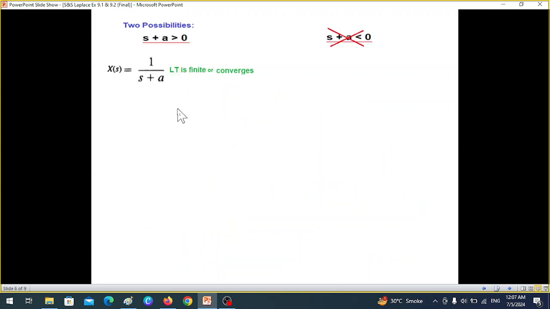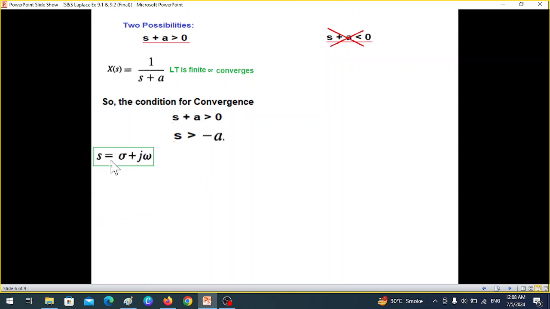Now, so we were here, this we are now neglecting because this is making it infinite. The condition for convergence, so from here we can say that the condition for convergence is that S plus A has to be greater than 0. Or we can say S will be greater than minus A. And this moves up to the right hand side.